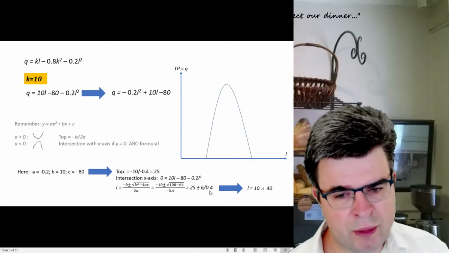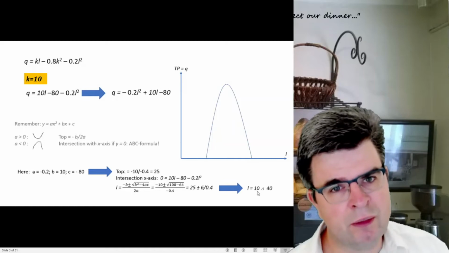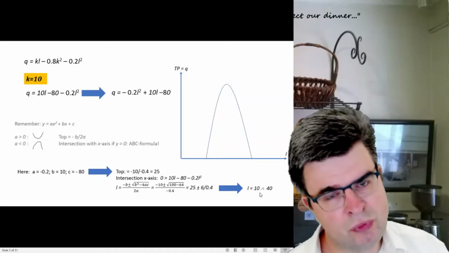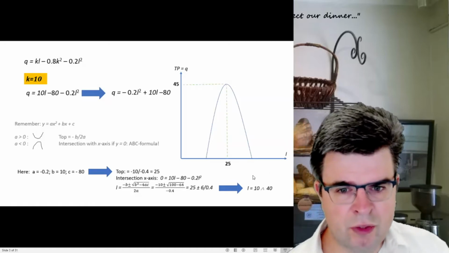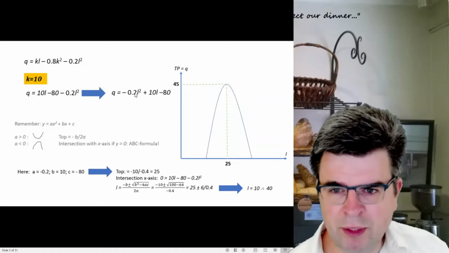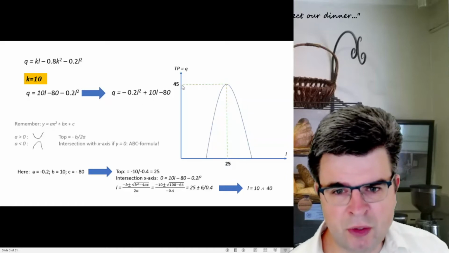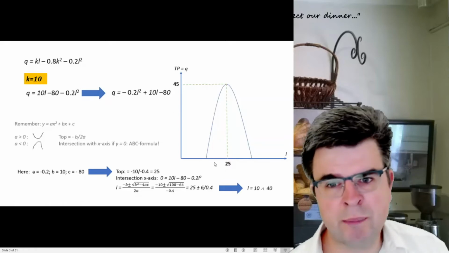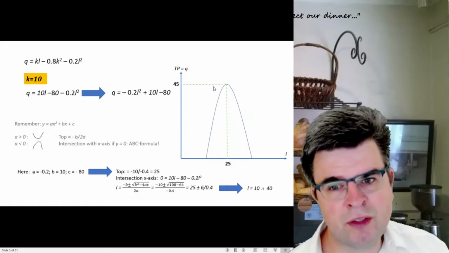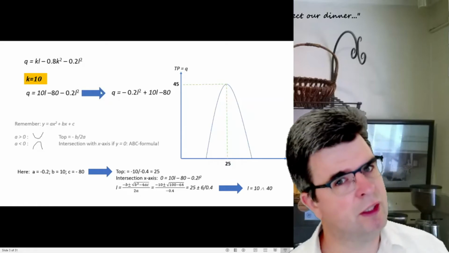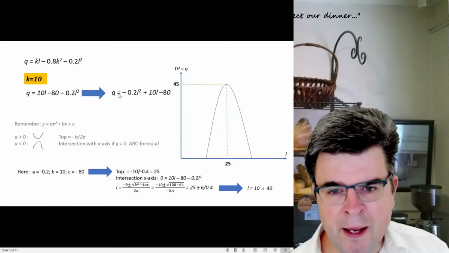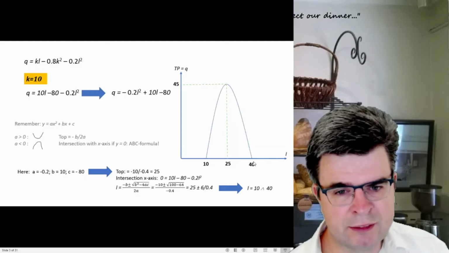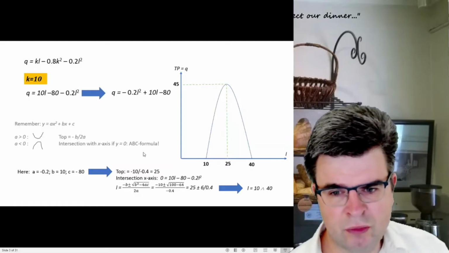We have two 0 points here, which correspond to L being equal to 10 or L being equal to 40. So at a level of 25, plugging it in our original expression, we know that if we use 10 units of capital plus 25 units of labor, then we reach a total productivity of 45 units. That answers the first question. And the points where it intersects with the x-axis are equal to 10 and 40.